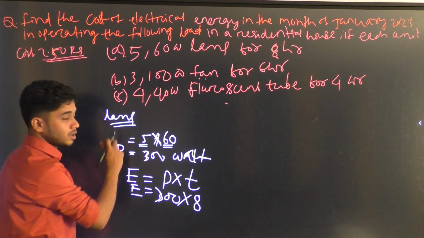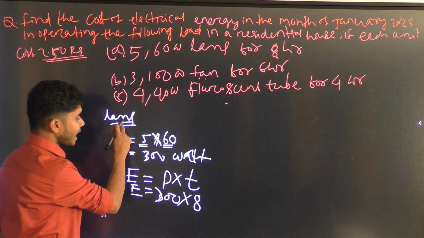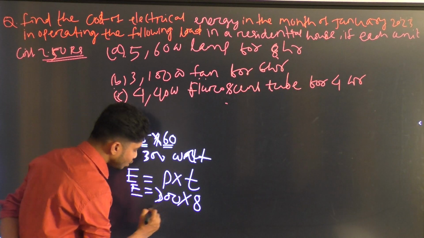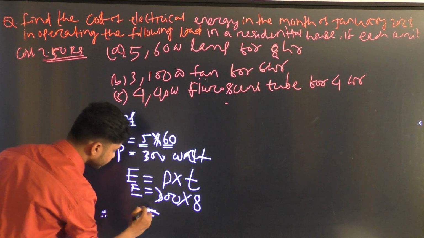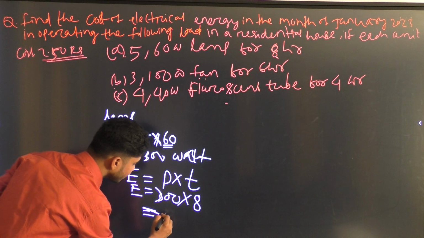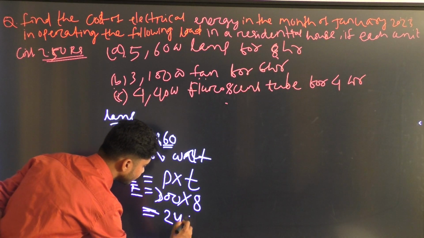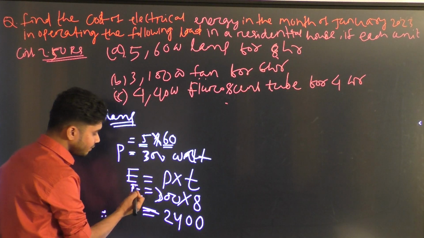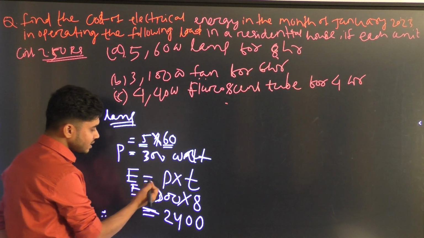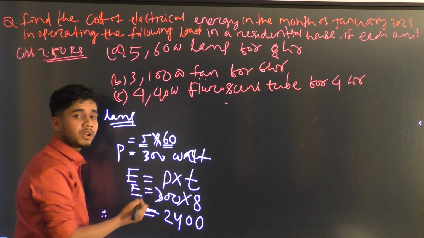The energy consumed by the lamp load is 300 into 8, which is basically 2400. What is the unit of this energy? This energy is calculated by multiplying power with time.